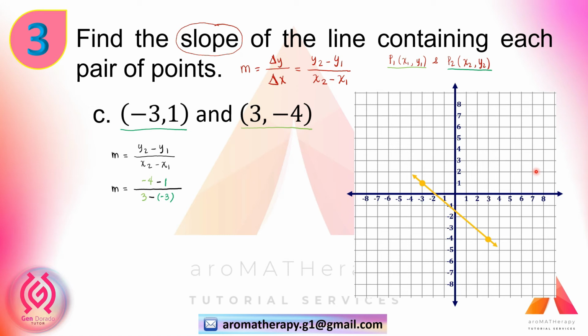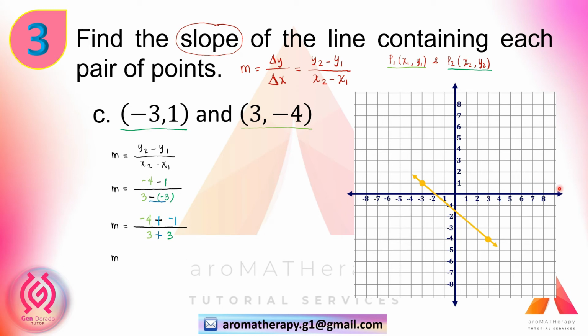So you have M is equal to negative 4 plus negative 1 over 3 plus 3. Plus, since negative times negative is equal to positive. So, ayan, plus 3. Okay, let's simplify now.